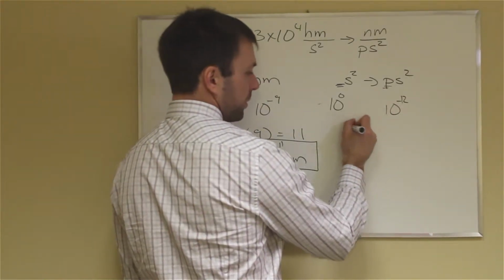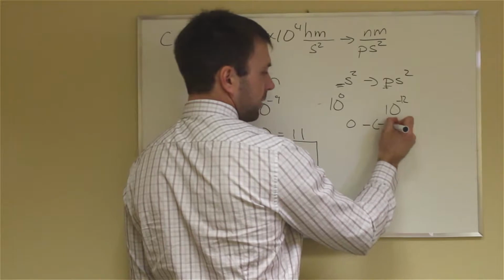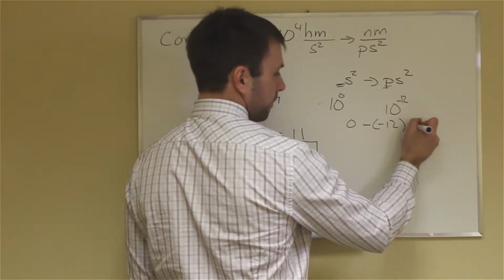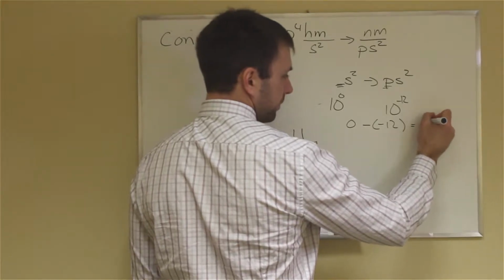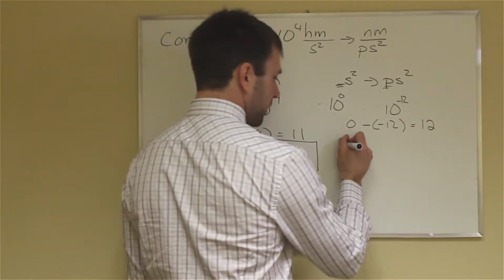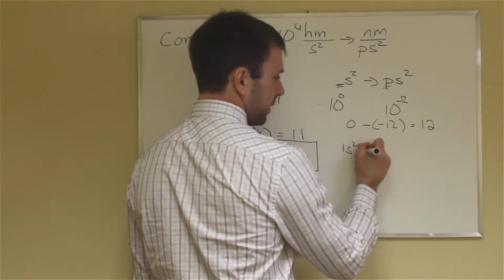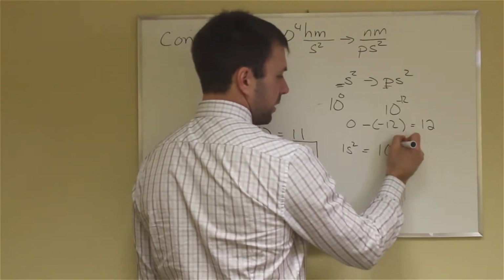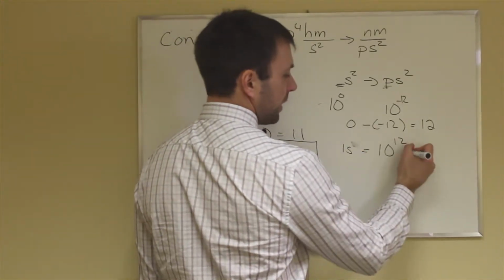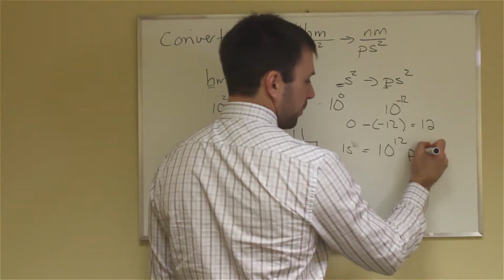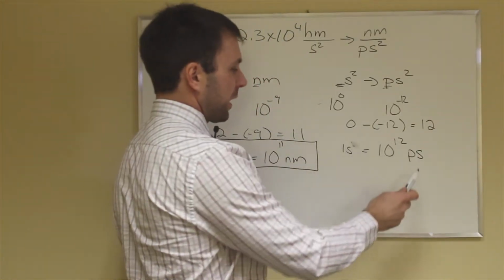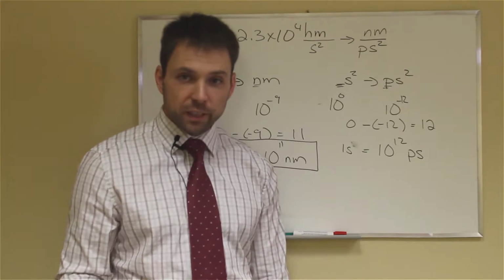So 0 take away negative 12 is just equal to 12. So 1 second is equal to 10 to the 12 picoseconds. But I'm not looking to go from seconds to picoseconds. I want seconds squared to picoseconds squared.